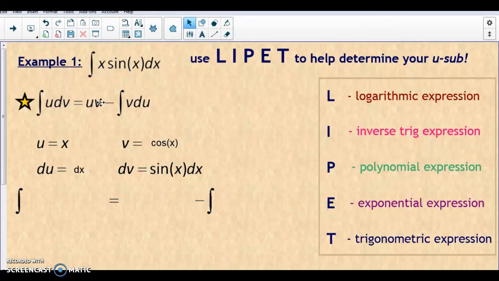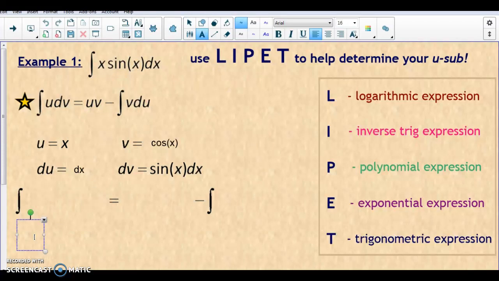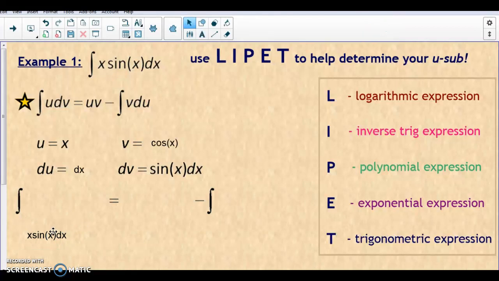Now I fill these things into this ultraviolet voodoo formula that is right here. So x sine of x dx will be equal to u times v, and u is x and v is cosine of x.